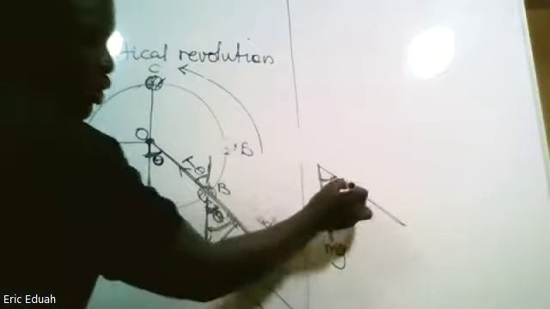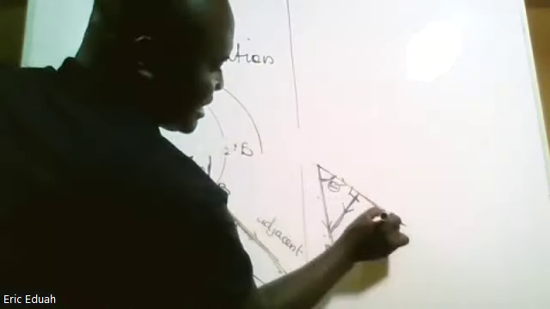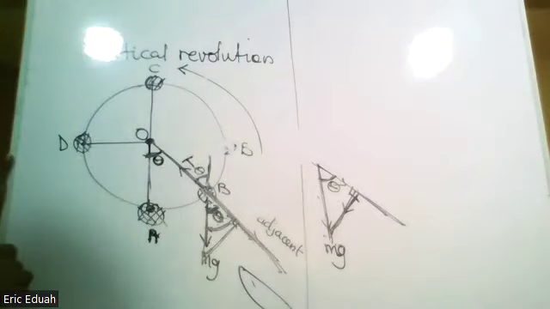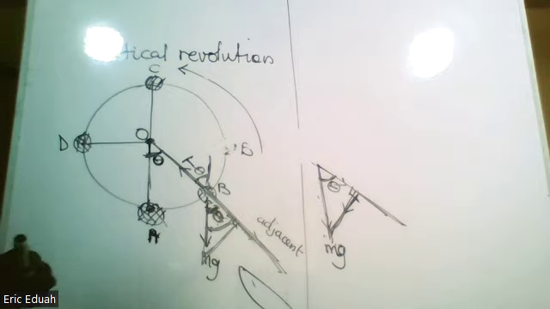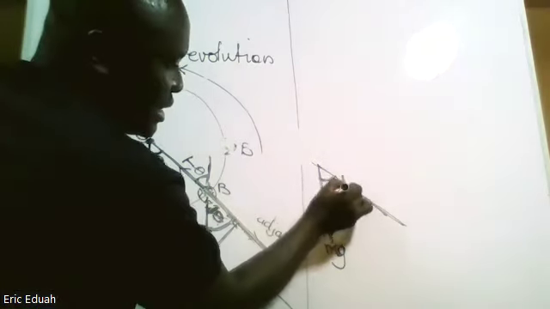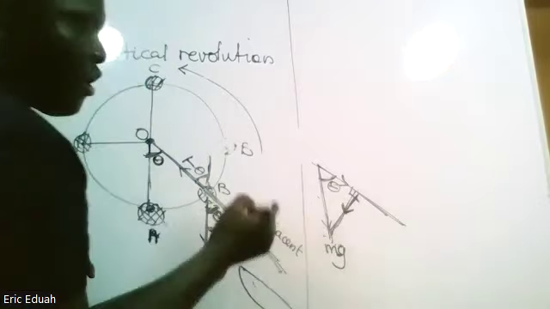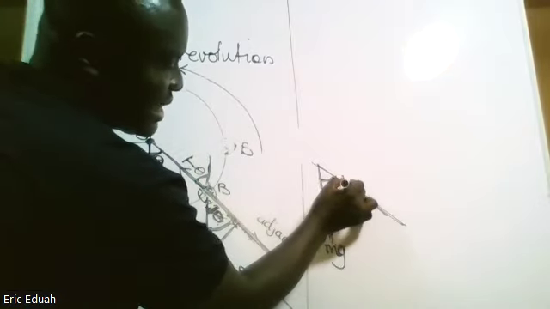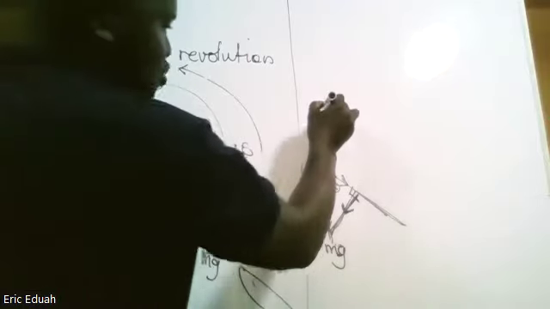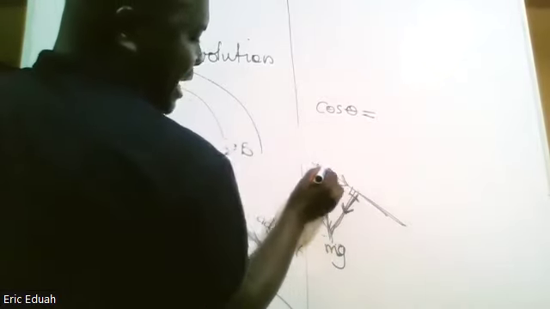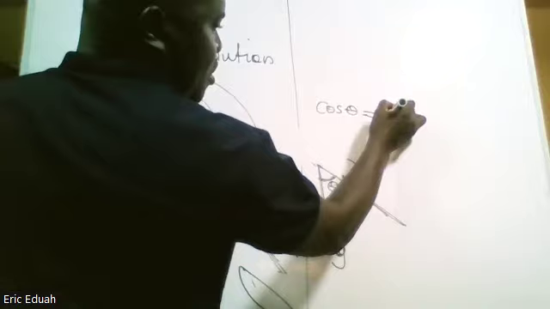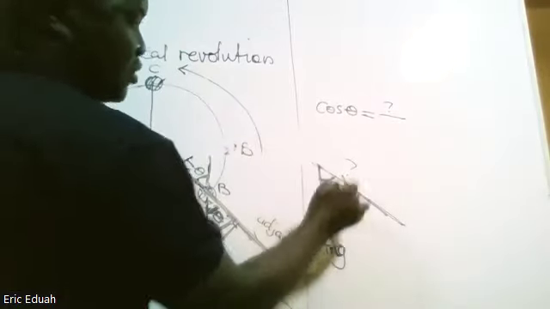Now I want us to resolve to get the adjacent and to get the opposite. Are we okay? Hello, are we okay? Yes, please. Okay, so let's resolve to get this component and then this component. For anytime we need adjacent, the trig ratio which comes to mind is cos. Cos theta is equal to the adjacent, which we don't know, over the hypotenuse, which is mg.